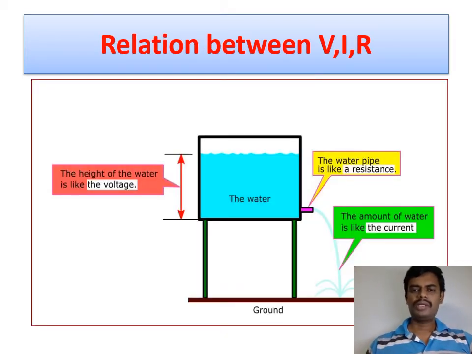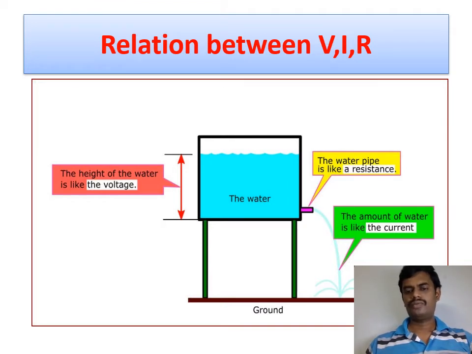If you observe this clearly, it gives a clear view of voltage, current, and resistance. See here, water is at some particular height. When it is at some height, it can be treated as the voltage, because it will have some force because of the gravitational force.